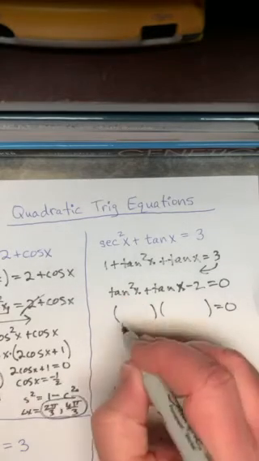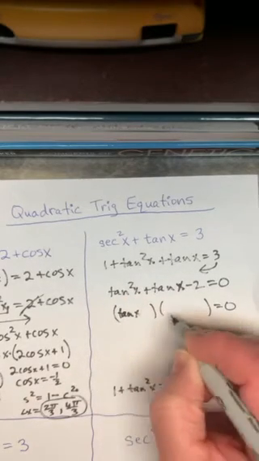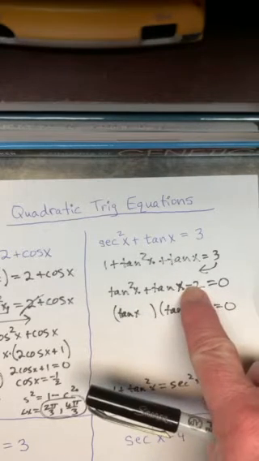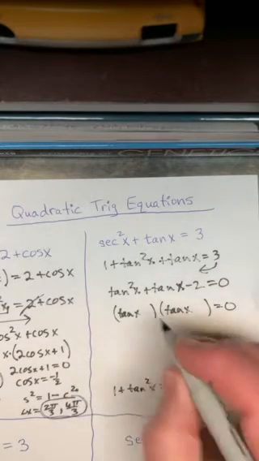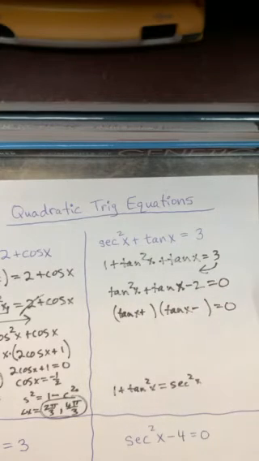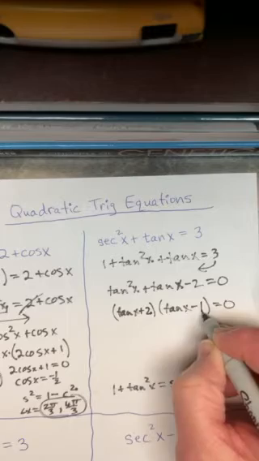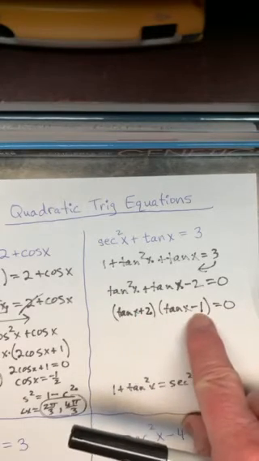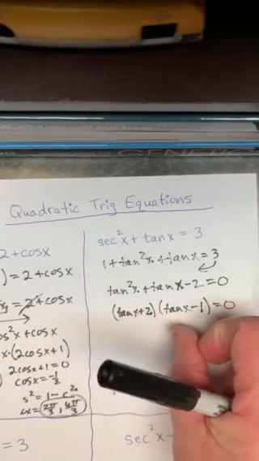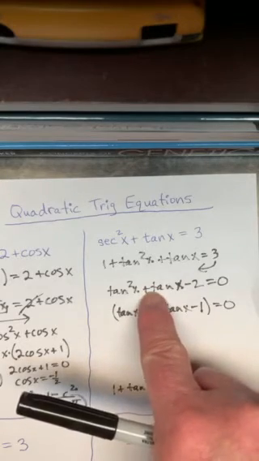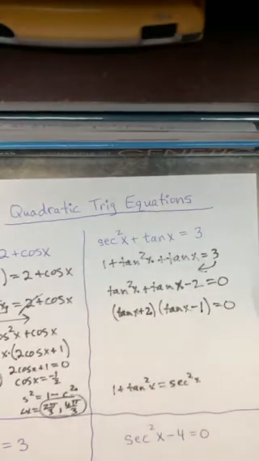Obviously, tan squared is tan times tan. I have a minus at the end, so my signs are different, plus and minus. And wouldn't I put 2 there and 1 there, because a +2 and a -1, when I combine them, give me the +1 that's in the middle, and it matches my middle term. So I factored it correctly.